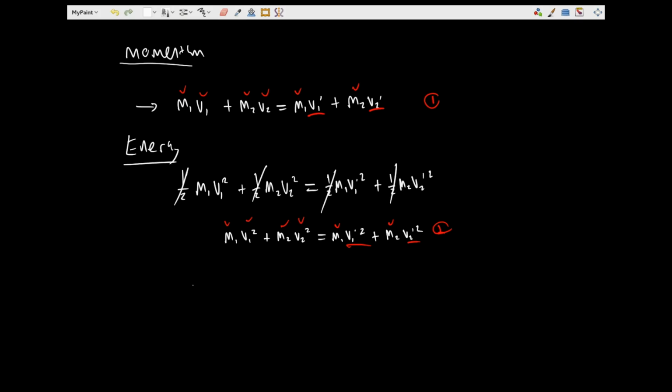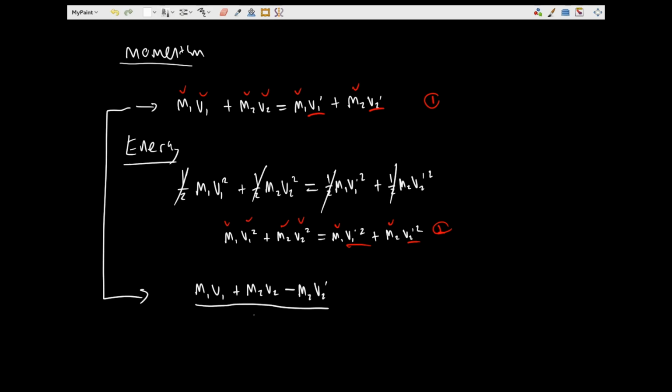So we'll see that m1 v1, this will be from the first one, plus m2 v2 minus m2 v2 prime, all divided by m1, equals v1 prime.